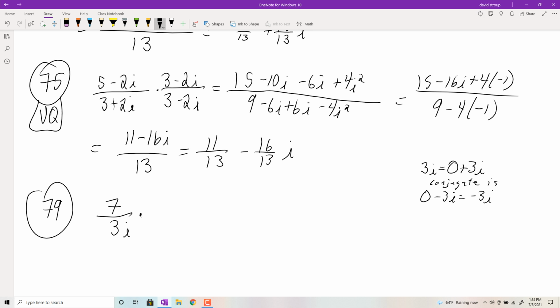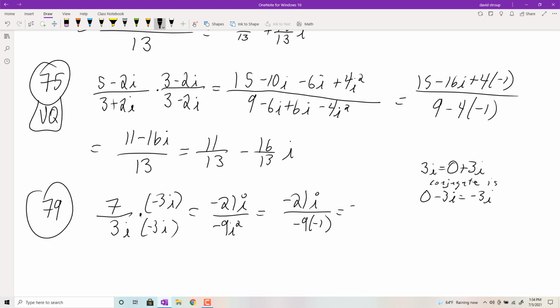Okay, so you multiply here, top and bottom, by negative 3i. So you get negative 21i in the top, and below we are getting negative 9i squared. So I have negative 21i all over negative 9 times negative 1. So this would be negative 21i all over 9.